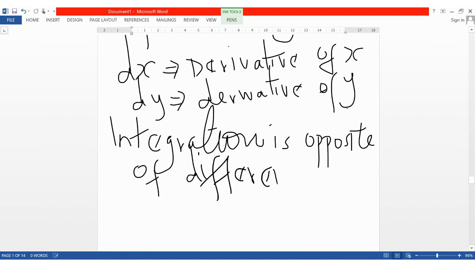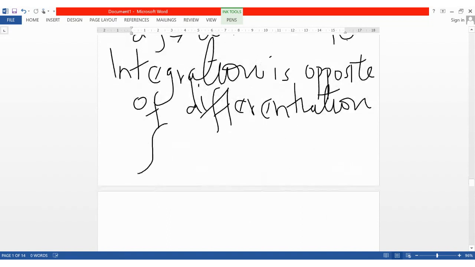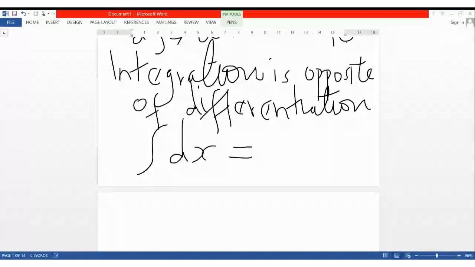So in the earlier example, I had asked, when you integrate dx, what do you get? Mike? You get x, okay?